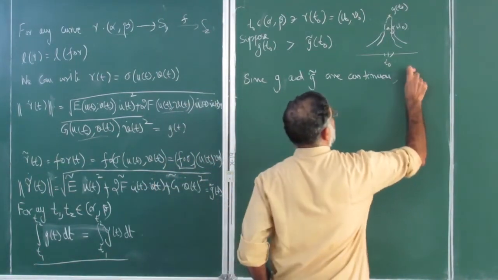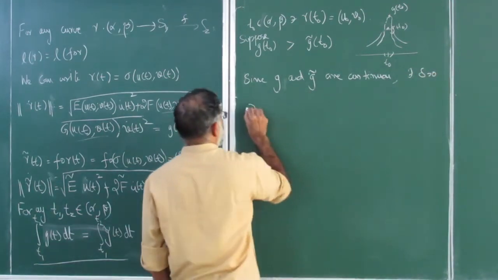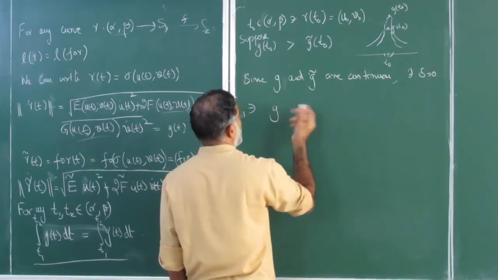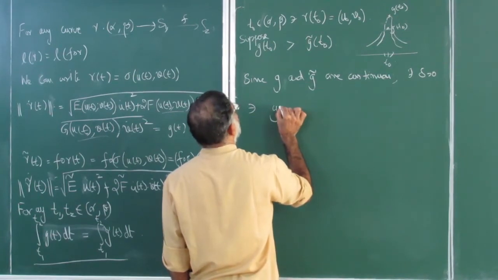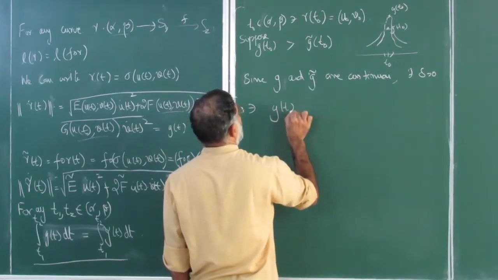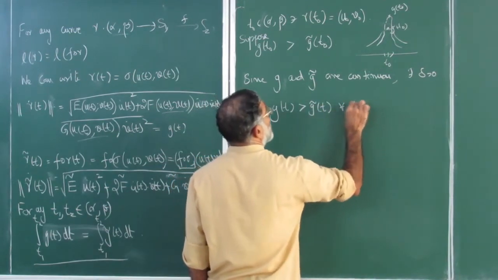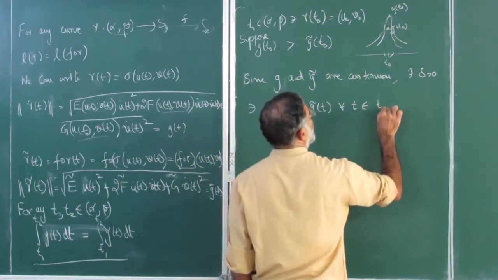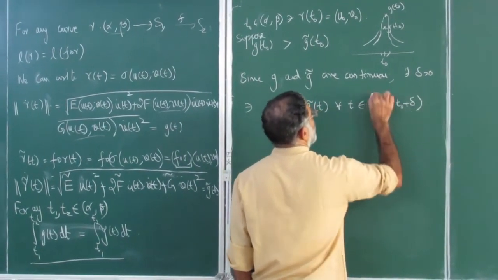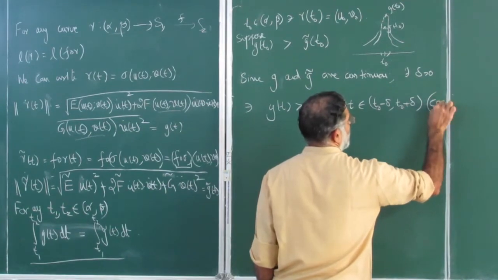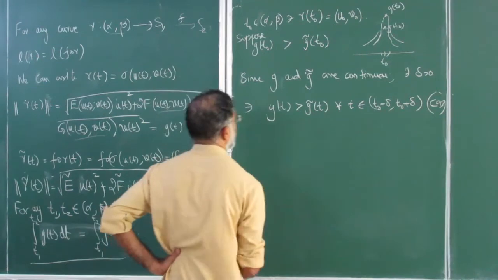By continuity, there exists a positive delta such that g t is greater than g tilde t for every t belonging to t0 minus delta, t0 plus delta, which we expect to be contained in alpha beta, the domain of definition.